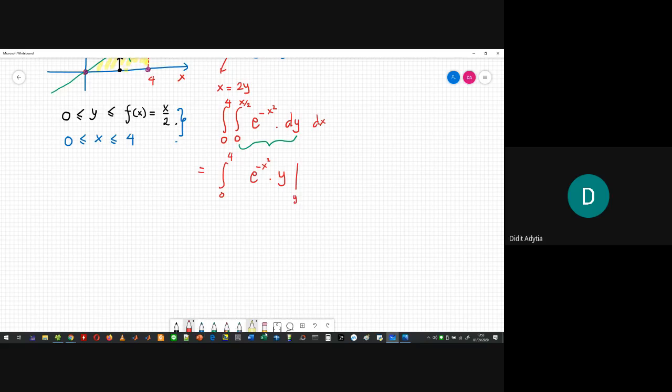Then y is from 0 until x over 2. So it is much easier than the previous one. We replace y with x over 2, minus y equals 0, so that is 0. So this one is dx.